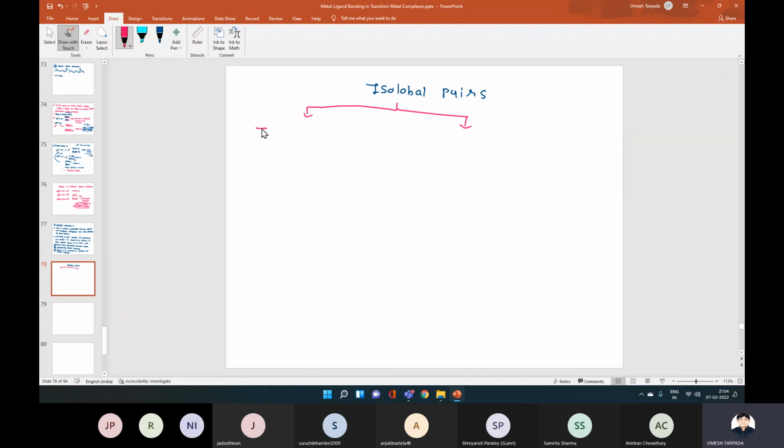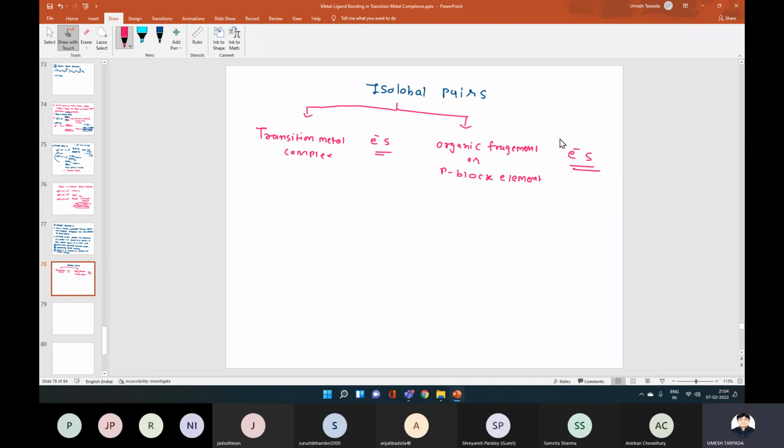You can compare the transition metal complex and its electrons with the organic fragment, or you can say a p block element, with its number of electrons.